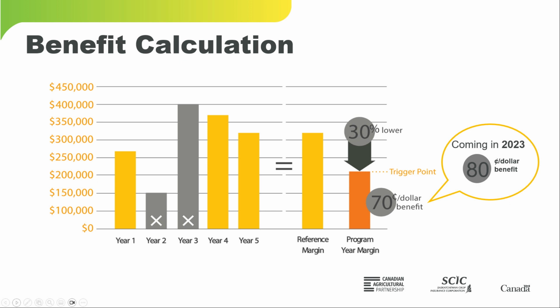The program year margin came in at around $200,000, so it's $10,000 below that trigger point. So 70 cents on the dollar for a $10,000 decline is $7,000 that is sent to the producer. And again, new for 2023, the benefit that would be sent would be $8,000.